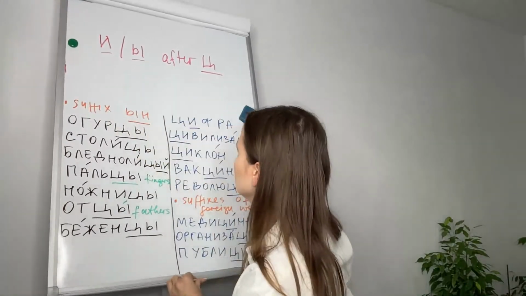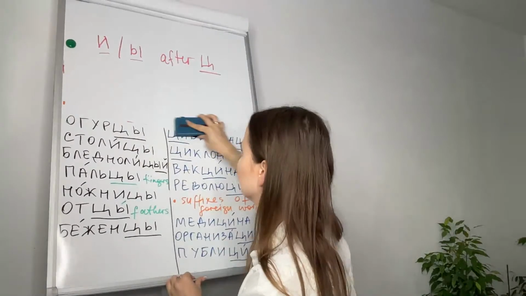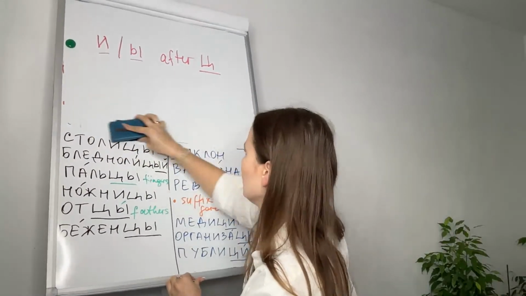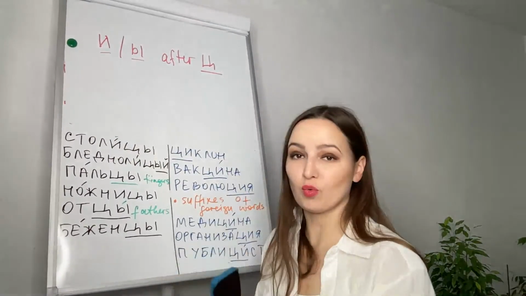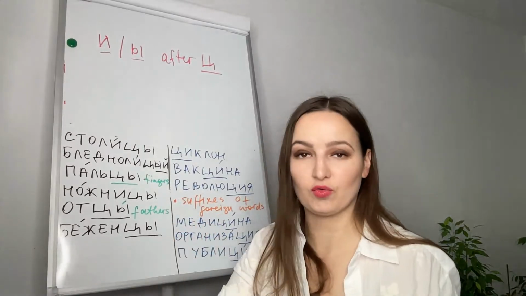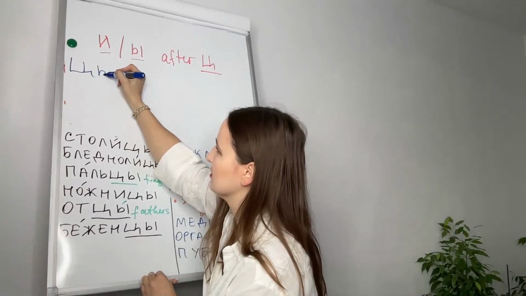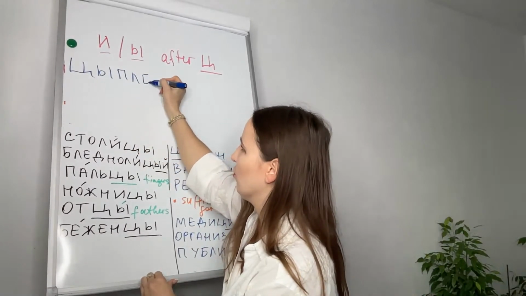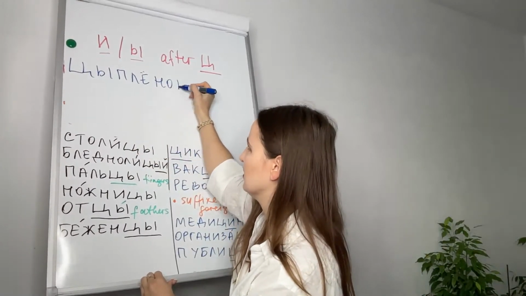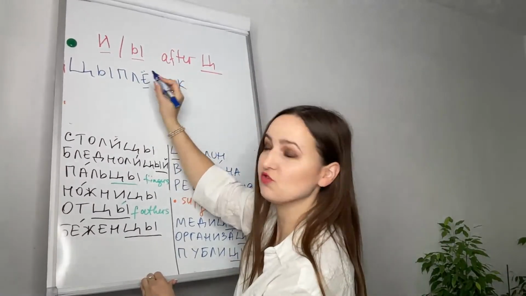Like in the title, we have цыплёнок. So according to the rule, цыплёнок we have to write with Е. Ё is always stressed.